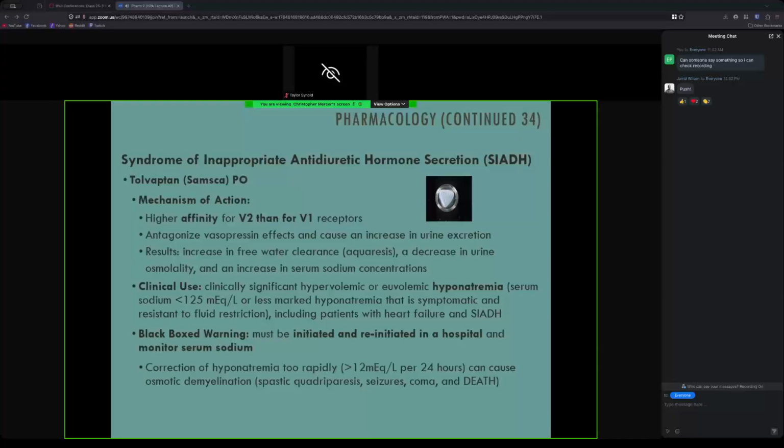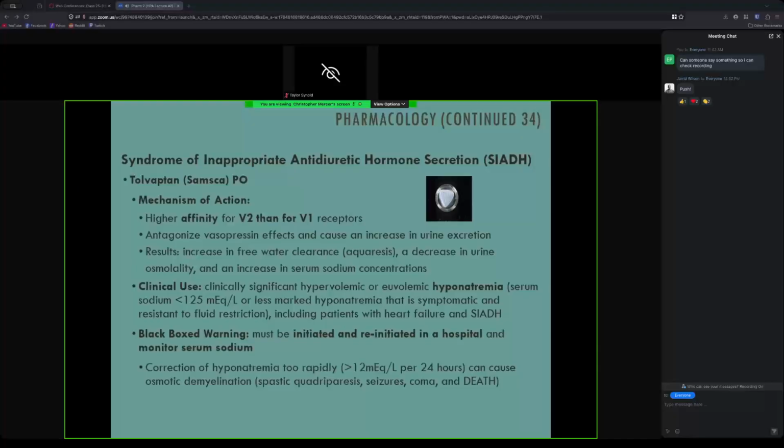Black box warning here: tolvaptan is only initiated in the hospital, and you have to do close serum sodium monitoring. Because if you overcorrect the hyponatremia too rapidly, here versus the last slide, we're saying greater than 12 milliequivalents per liter for the tolvaptan, you can get the osmotic demyelination again, same symptoms, in end stage seizures, comas, and possibly death.